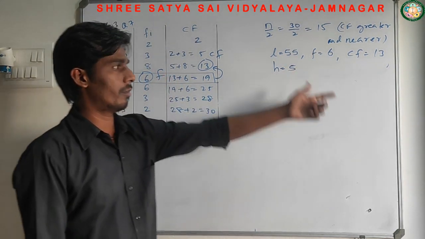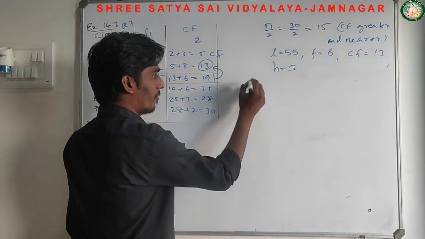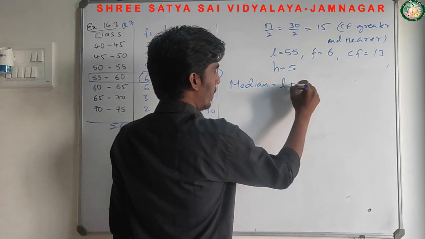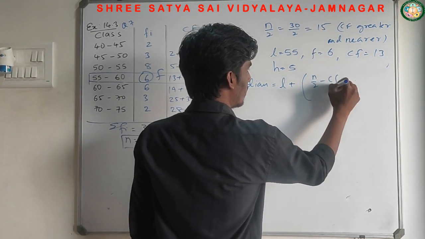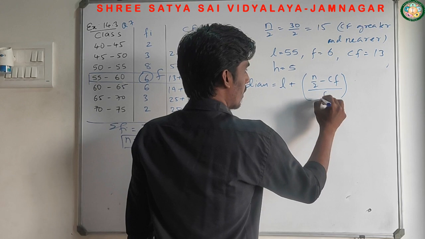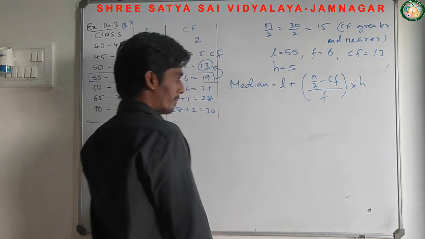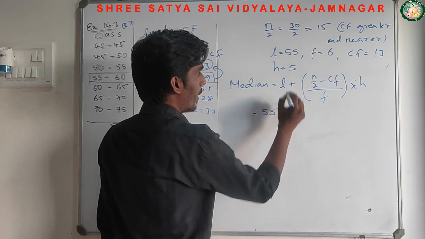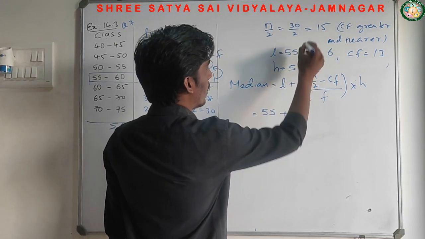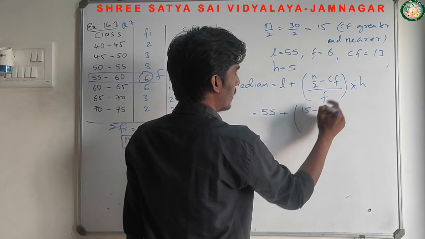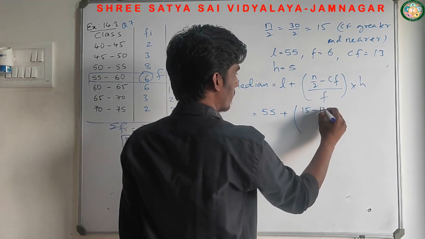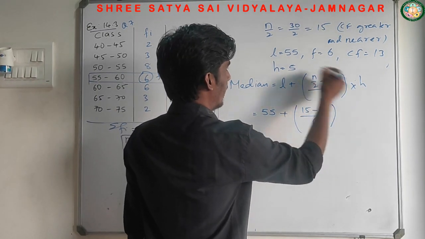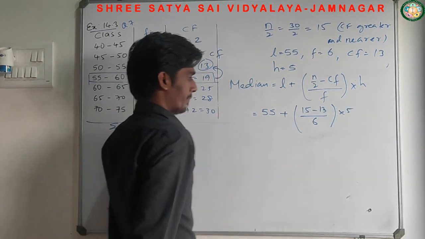Now we have all the values, replace them in the formula of median. Median is equal to L plus (n by 2 minus CF) upon F into height. What is the lower limit here? 55 plus n by 2, which is 15, CF 13, F is 6, height is 5.